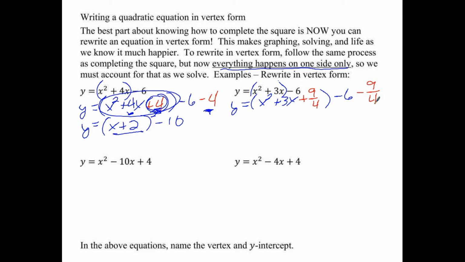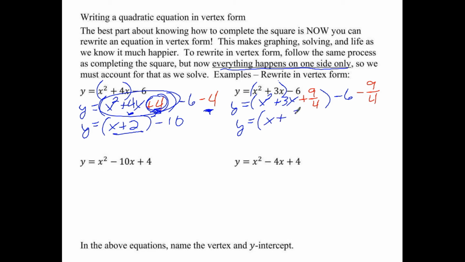Now what? Okay, rewrite the equation. The plus because that's the sign of the middle term.